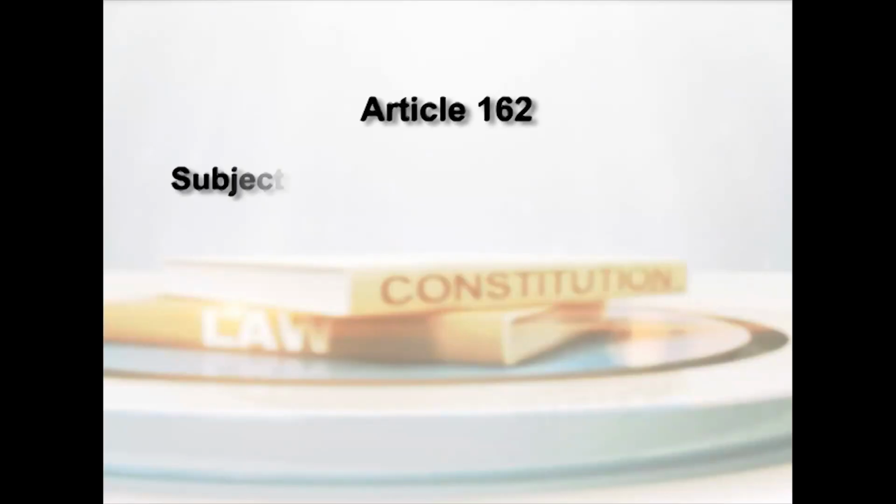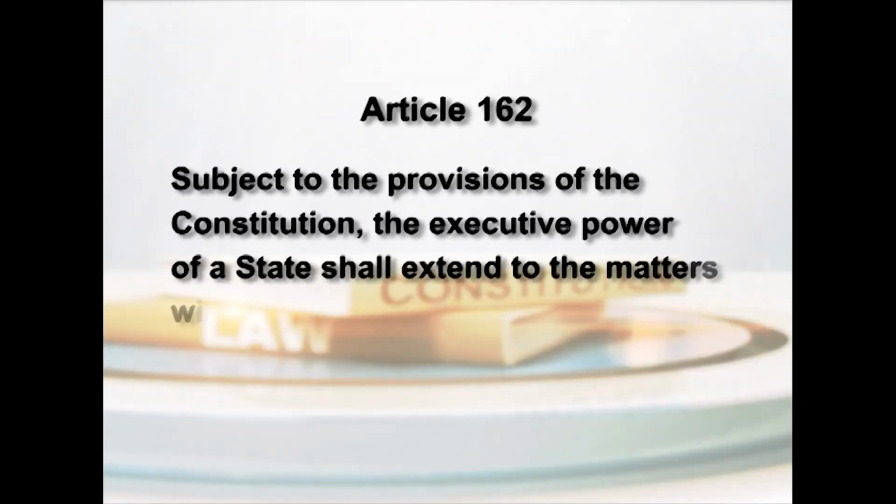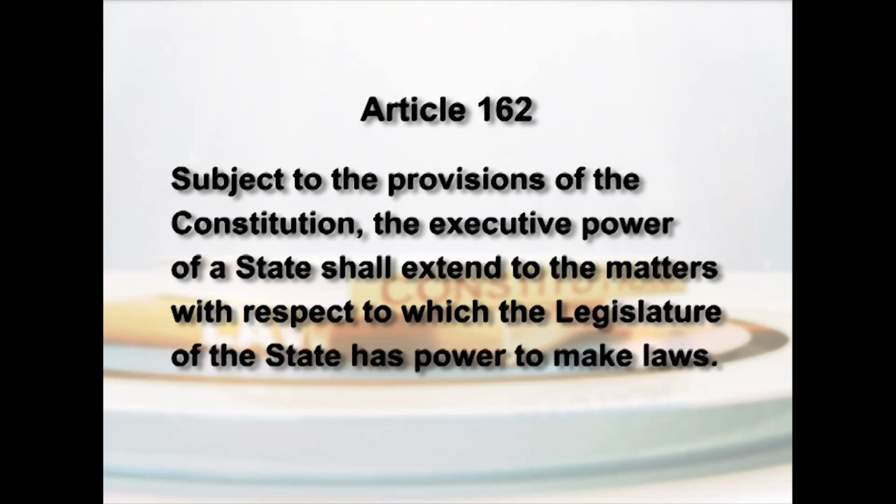Article 162. Article 162 says that subject to the provisions of the Constitution, the executive power of a state shall extend to the matters with respect to which the legislature of the state has the power to make laws, that is, the state list.